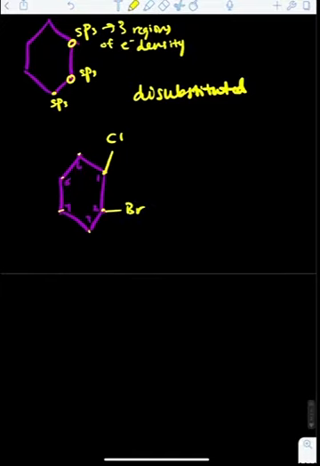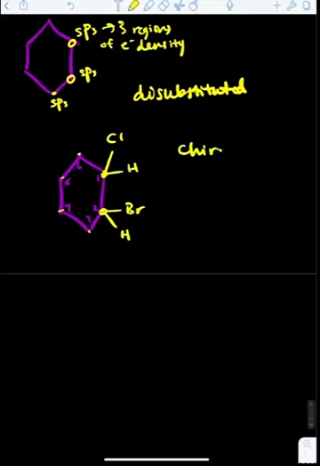Because these are sp3 carbons, meaning they have 4 different groups attached to them, or lone pairs, but in this case they're going to be groups, that means we also have a hydrogen here and a hydrogen here. That makes these 2 carbons chiral carbons.